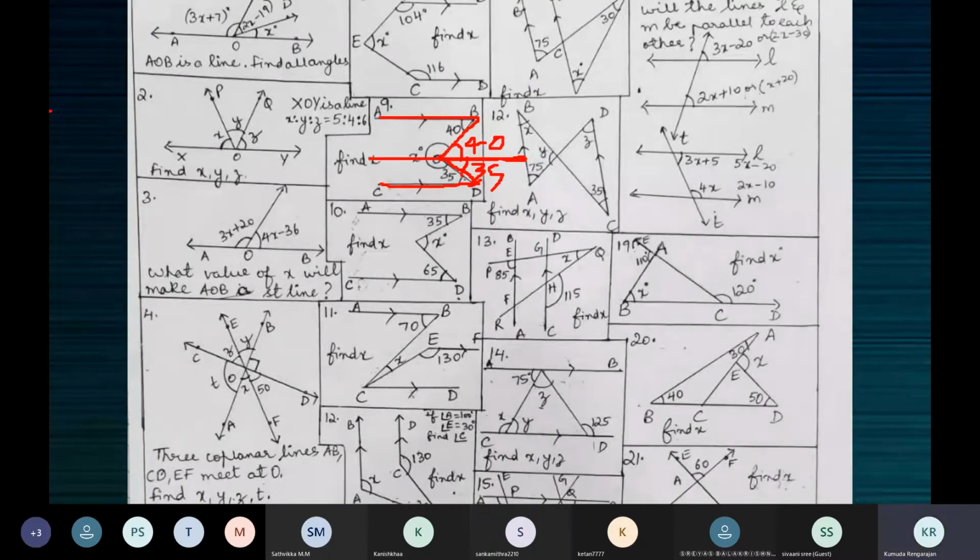Anybody else? Yeah, I got 20. Okay, 20 is the right answer. 20 is the correct answer.